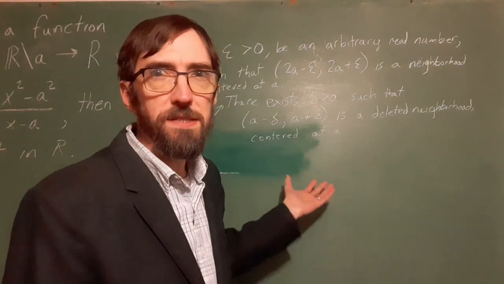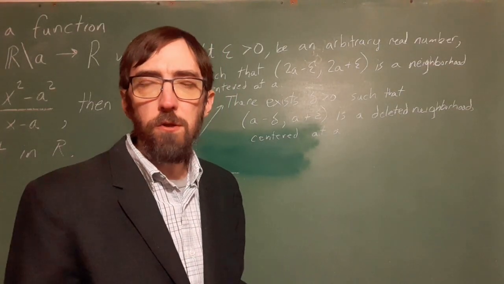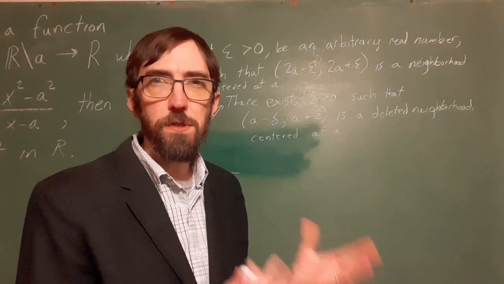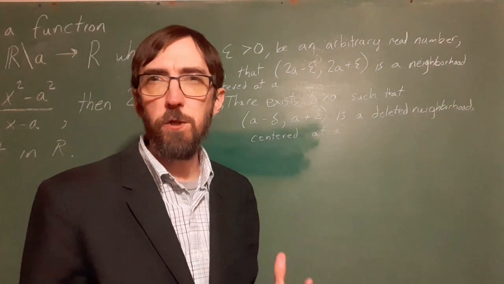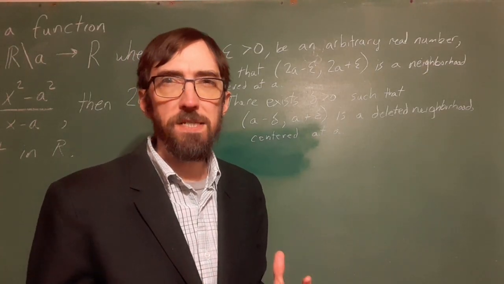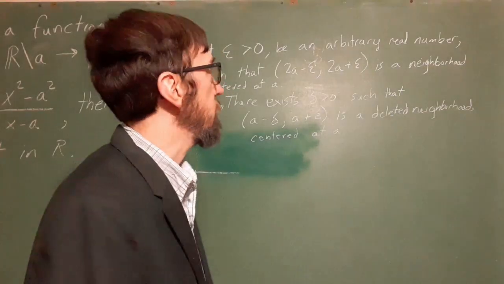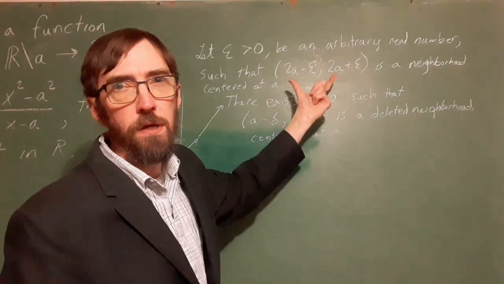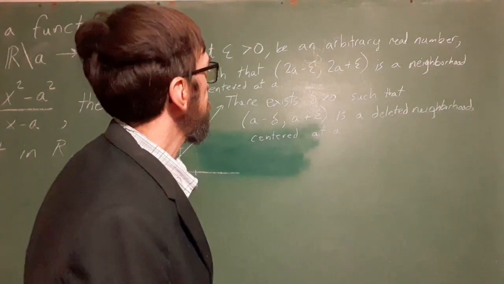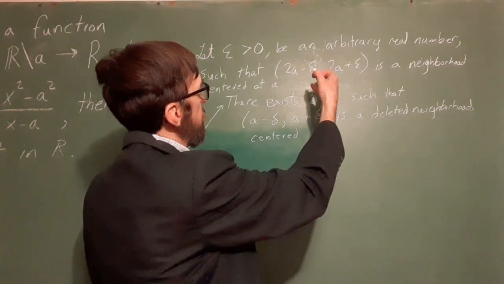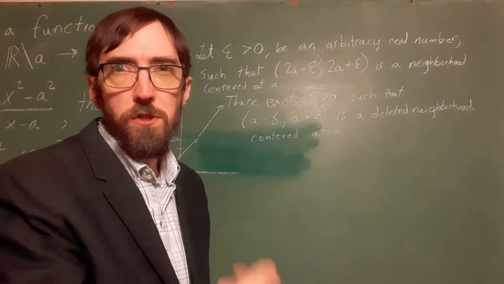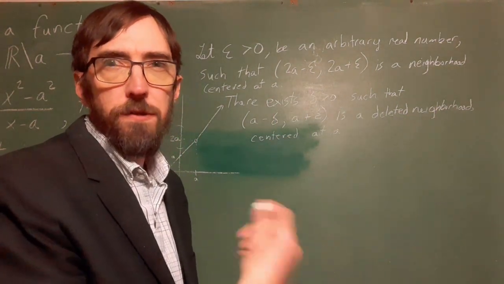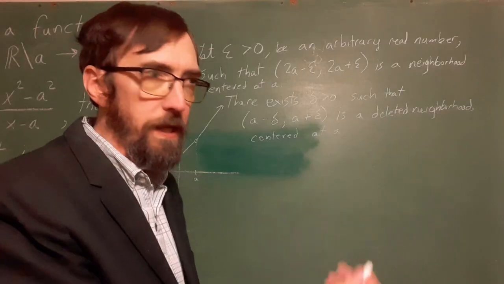Now that we've presented these ideas, we're just going to do a little bit of algebra to demonstrate some very definitional ideas that we expect to see in real analysis. I'm going to start with the first idea, this epsilon neighborhood centered at 2a. This is, of course, on the y-axis, which means this is a part of the definition of the range.